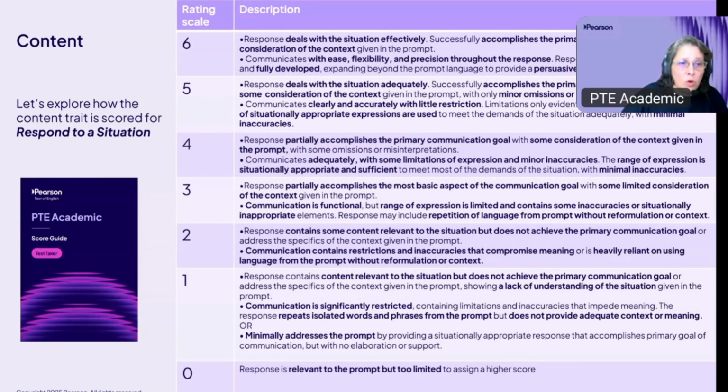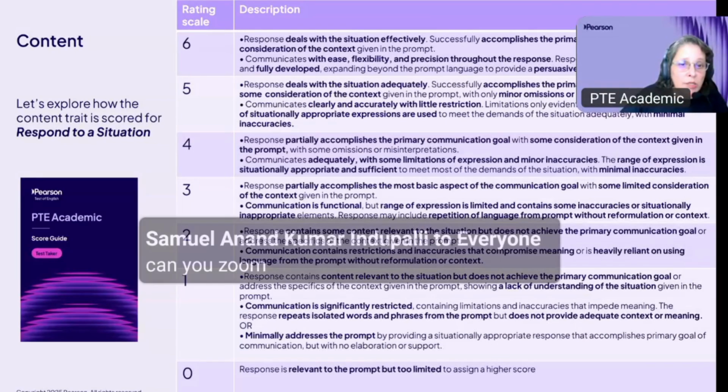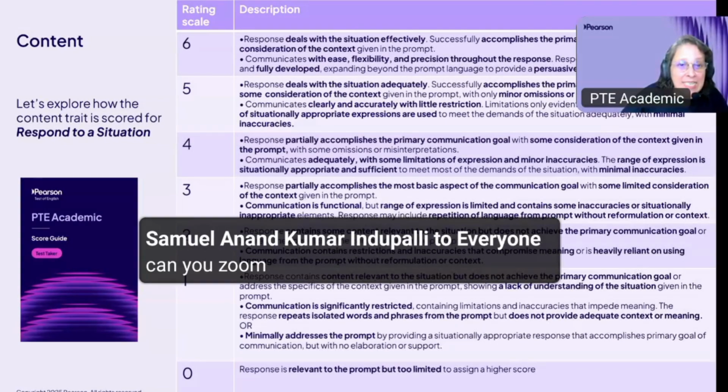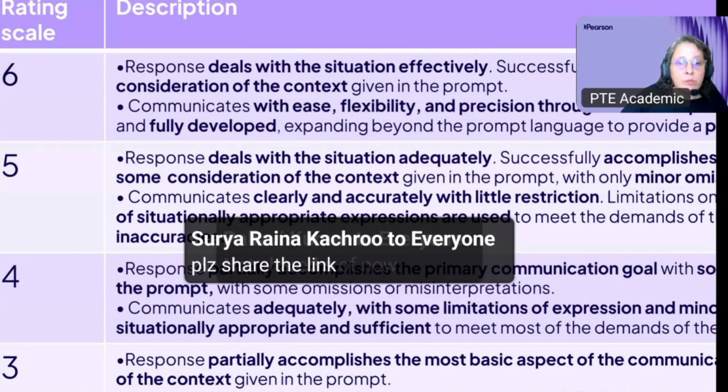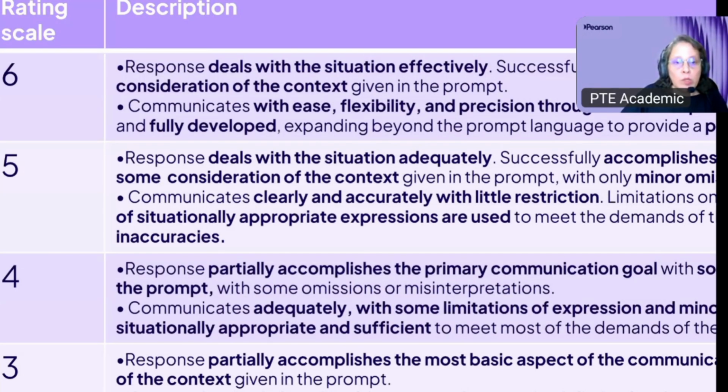a description of the score guide that was shared with you in the chat box. Let's go through the words that are highlighted over here. It says, the response deals with the situation effectively. Now, in respond to a situation, it could be that you are late to a tutorial and you want to apologize.